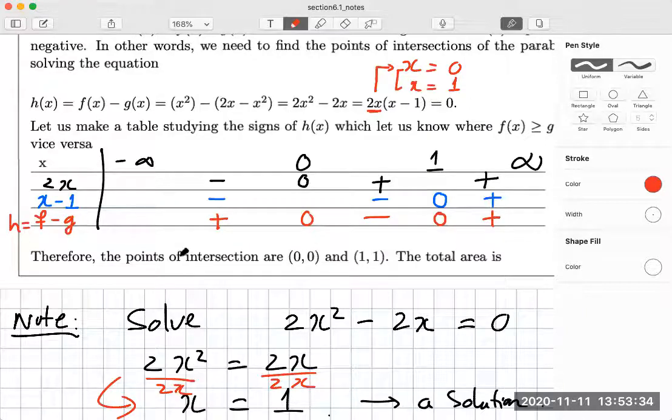It means f is larger than g. And from 0 to 1, very good. The difference is negative, therefore g is larger than f. And from 1 to infinity, good job. That's it. Do you have any question up to here?